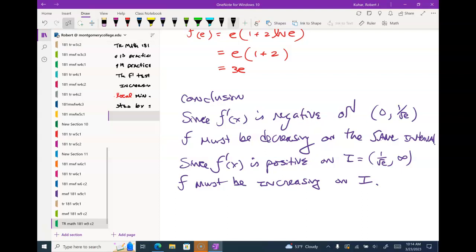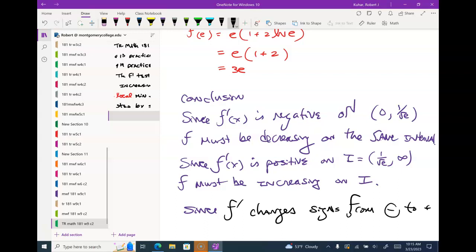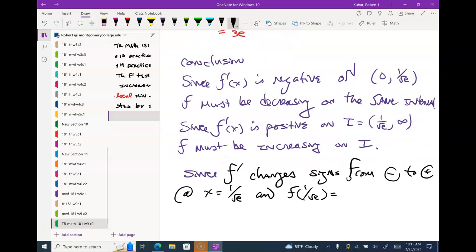Since f prime changes signs from negative to positive at x equals 1 over square root of e, and f of 1 over square root of e, which equals, right, it was x squared ln of x, right?